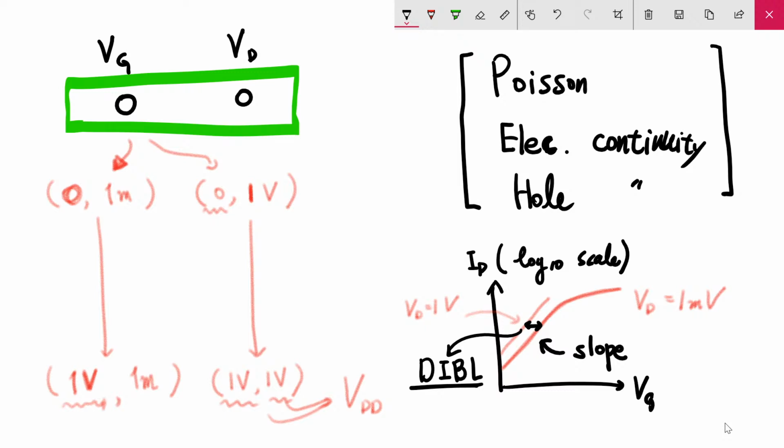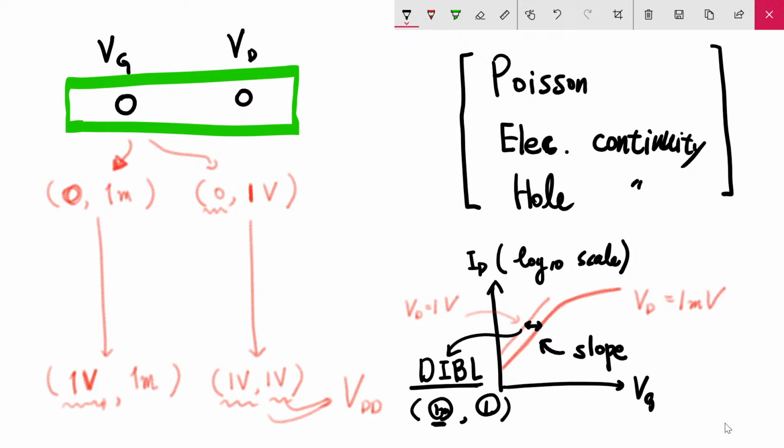However, sometimes people quickly ask, what is the DIBL? How large is the DIBL? Then they say just some millivolt or 0.1 volt or something like that. DIBL should also come with certain information, like the value for low voltage and the value for high voltage. In this case, for example, we have tested 1 millivolt and 1 volt.